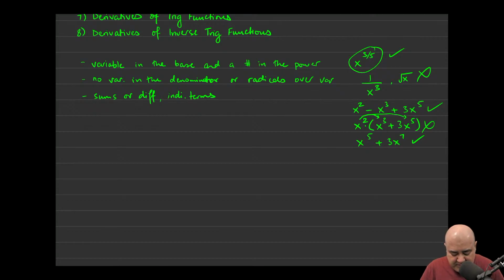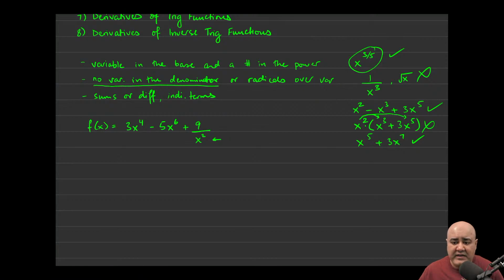For instance, if you have f of x as 3x to the 4th minus 5x to the 6th plus 9 over x squared. I have a sum or difference everywhere. I do have a variable in the base and a number in the exponent everywhere. But I do not satisfy the second condition because I do have a variable in the denominator right here. So as the problem is currently set up, we cannot use the power rule on it.